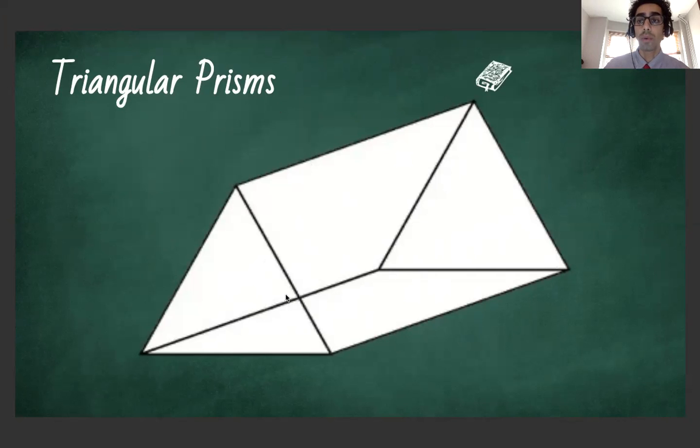Now, just like we did with rectangular prisms, we're going to have to identify a base and a height. Unlike rectangular prisms, there's only one possible base you can choose with triangular prisms. We're looking for two faces that are congruent and parallel.